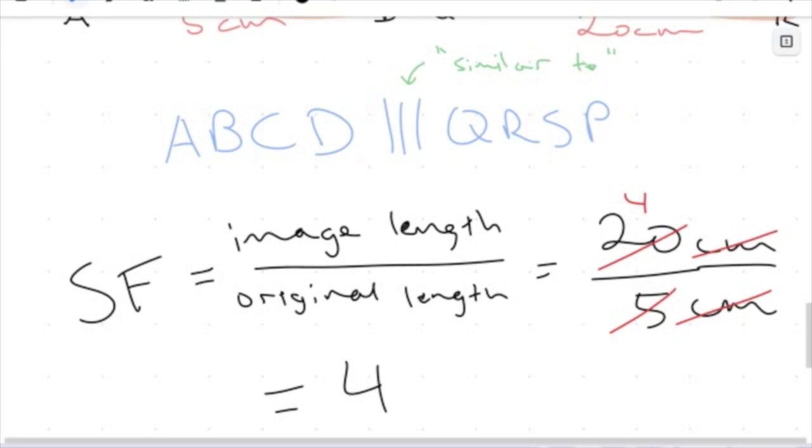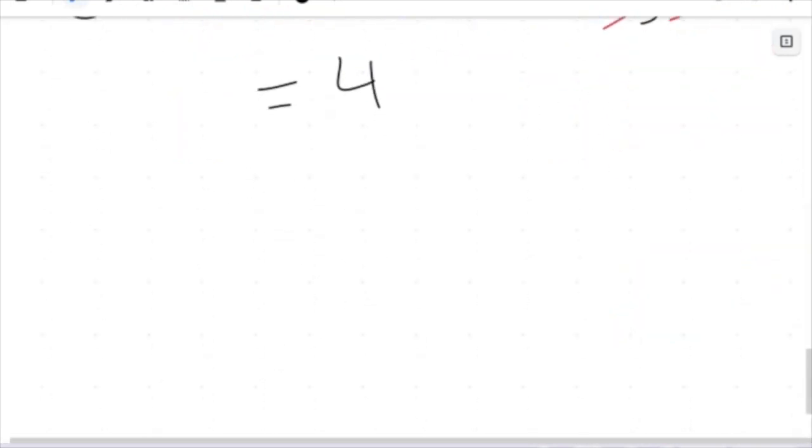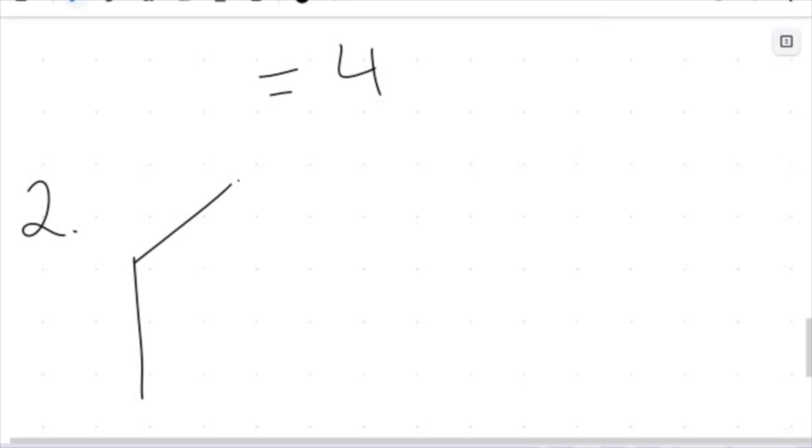Let's do one more example. We're going to practice this again, but we're going to use a scale factor to find lengths of unknown sides. So, for example 2, I'm going to draw an original image here.